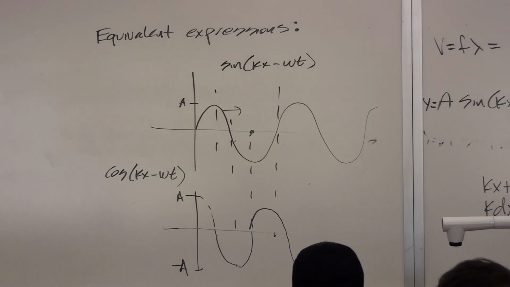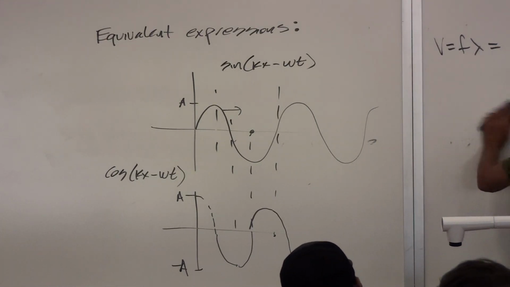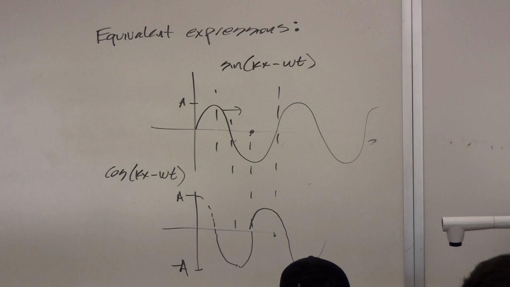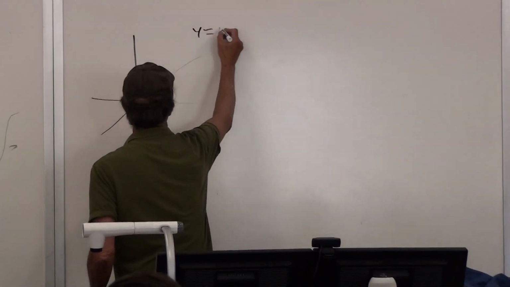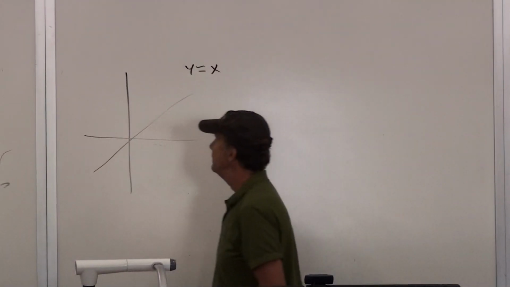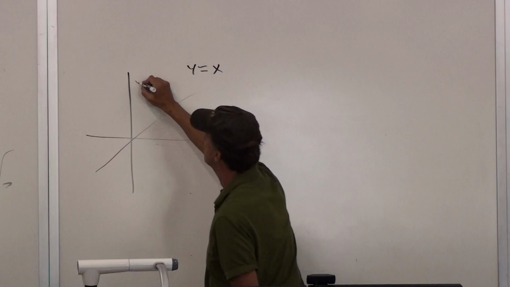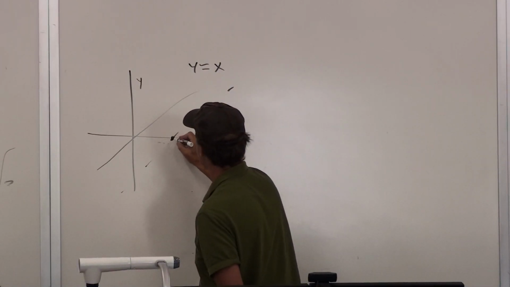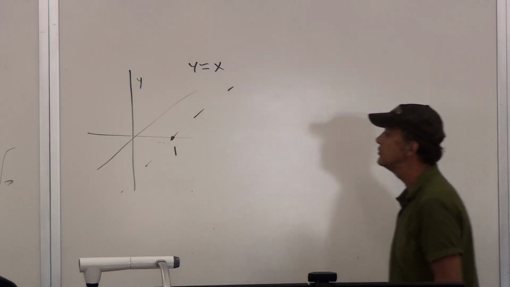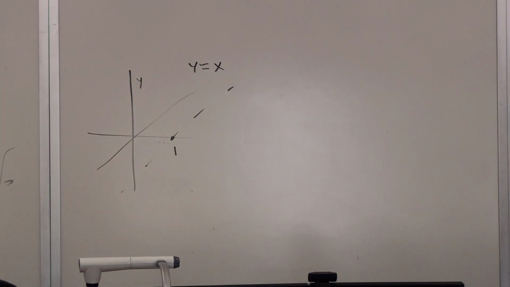And so how do we do that? Well, let's look at a simpler function first. Let's look at something like y equals x. And then if we want to shift that to the right, let's say we want to shift it to the right by 1 unit, are we going to add 1 to the x or subtract 1 from the x?